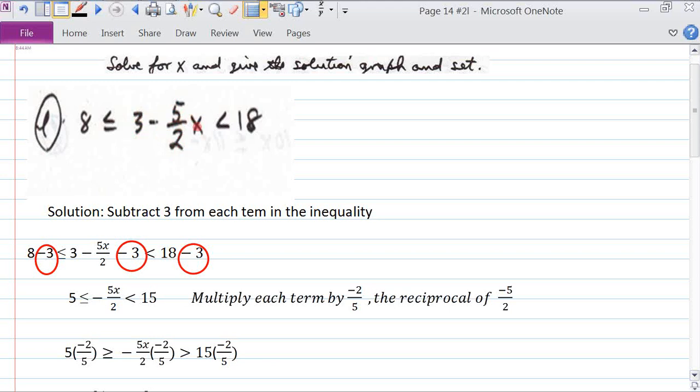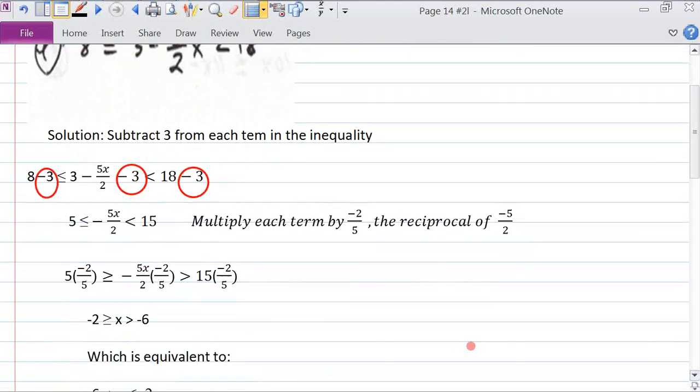We want just x by itself, so we're going to need to change this number and this number here. So first of all, let's subtract 3 from each term in this inequality. What I do to one part, I must do to the other. So I'm subtracting 3 from 8, subtracting 3 from the middle term so that the 3 cancels, and then I'm subtracting 3 from 18.